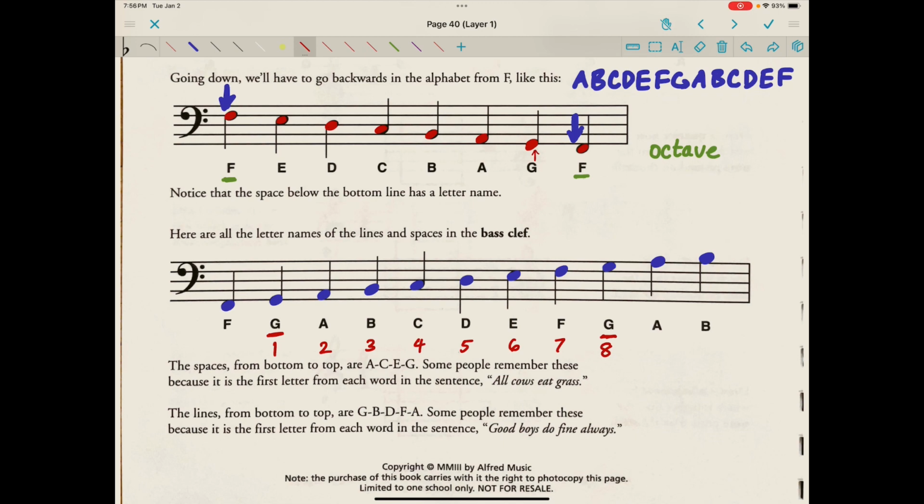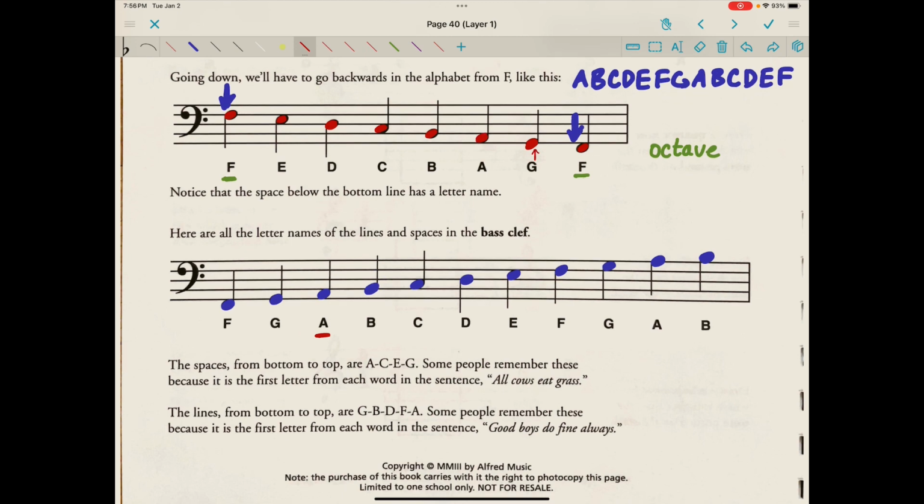Notice that when we calculate that distance, or we call it interval, between two pitches, we do include that starting pitch as pitch number 1 and the ending pitch as the final number. Notice this A is 1 octave lower than this A because there are 8 letter names between those two pitches, counting this first A as 1, 2, 3, 4, 5, 6, 7, 8.